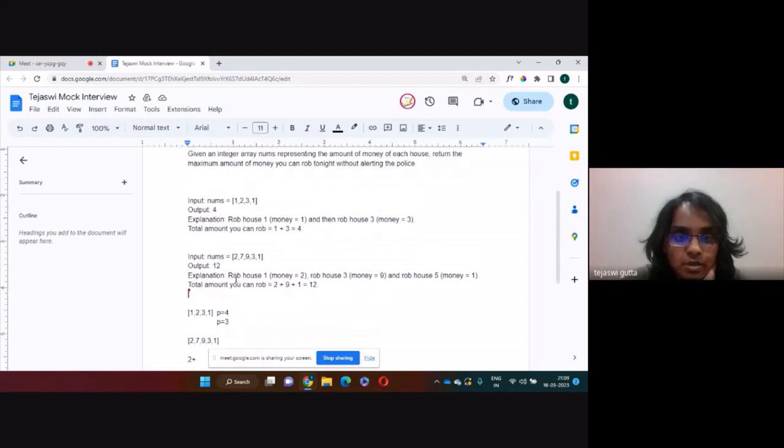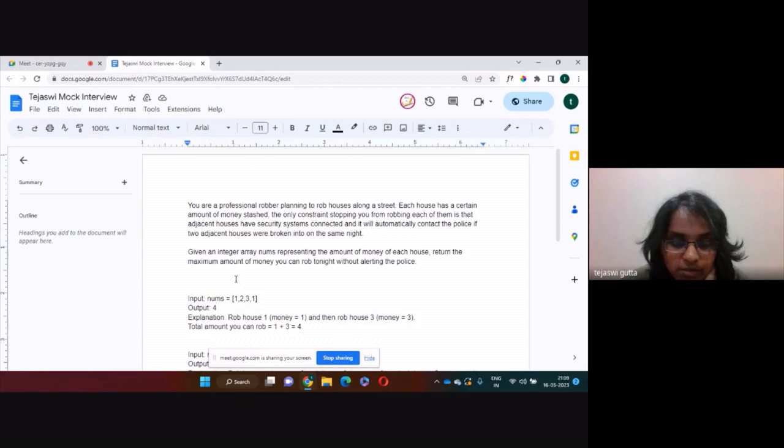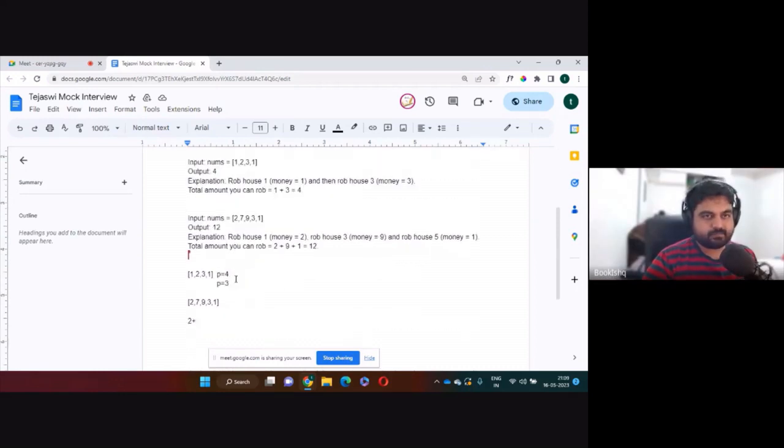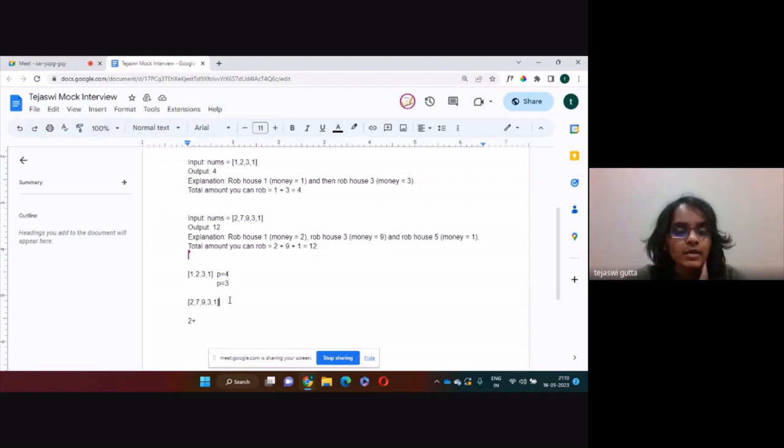Just wanted to make sure, like, if the array has negative numbers. No, there would not be any negative numbers. Each house would have either zero money or something in the positive amount of money. Okay. Yeah, so that can be one of the possibilities.